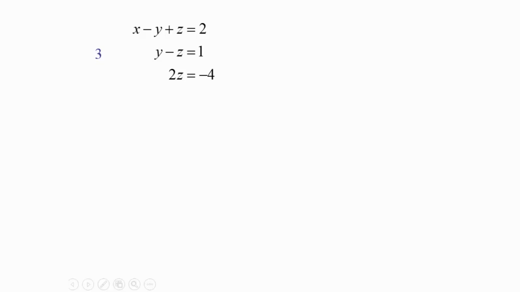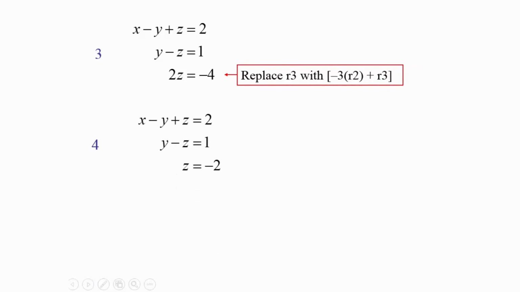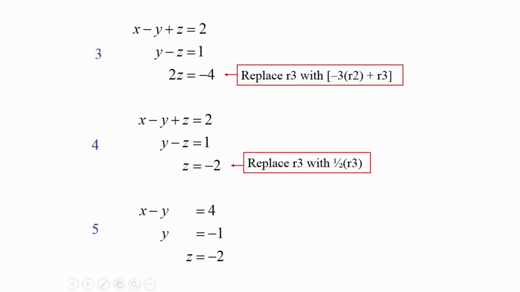Now you only have one variable in the third one. So if minus 2z is equal to minus 4, divide both sides by minus 2, you get z equal to minus 2. So that's the answer to z. You plug this z of minus 2 into the second one, you get the answer to y. Y would be equal to minus 1.